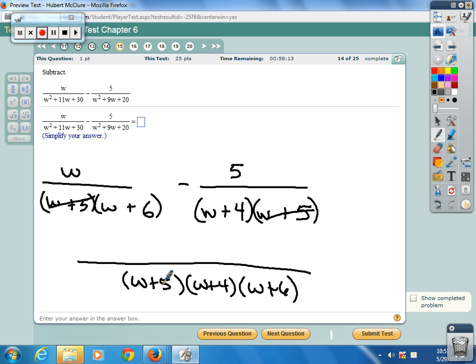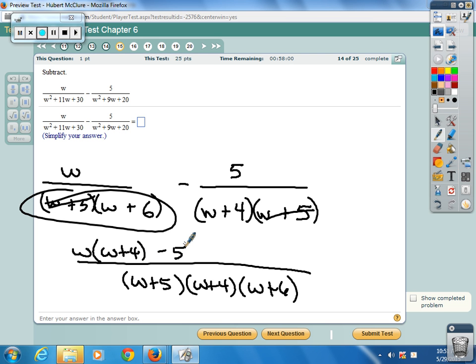So yes, you can have those in any order. What's missing here? W times W plus 4, W minus 5. What's missing here? W plus 6.